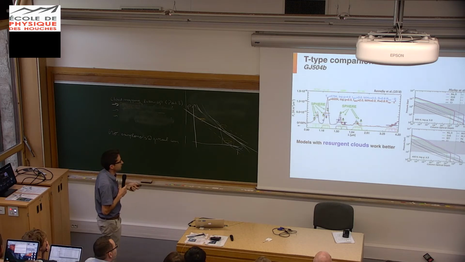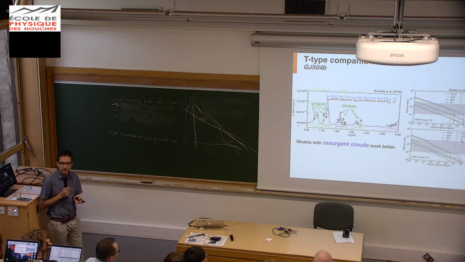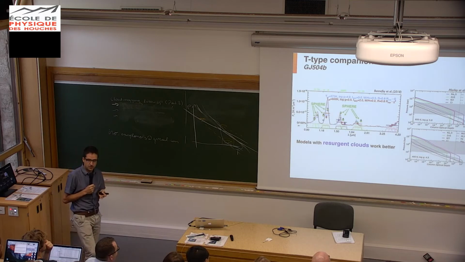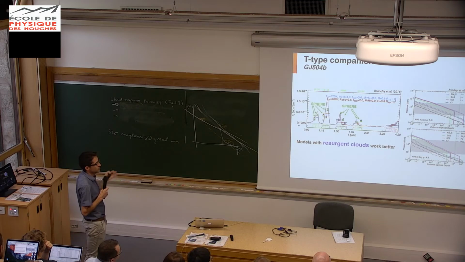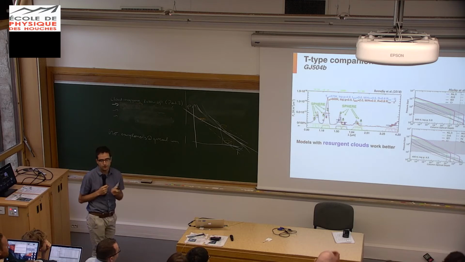So we could run some empirical analysis, and the empirical analysis is already telling you that this object is only fitted by some very late T-type objects, which are proposed to have clouds in the atmosphere, while you would not expect to find clouds at this temperature in the atmospheres of these objects. And we verified that actually using models. So we worked with several groups, including the one of Caroline Morley.